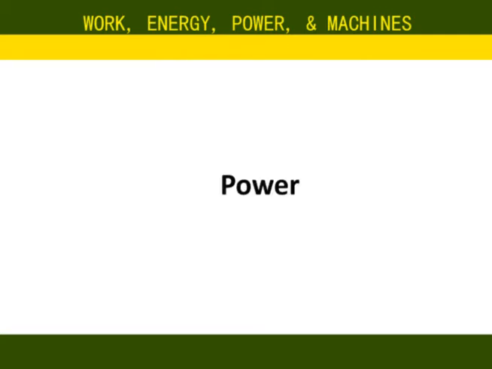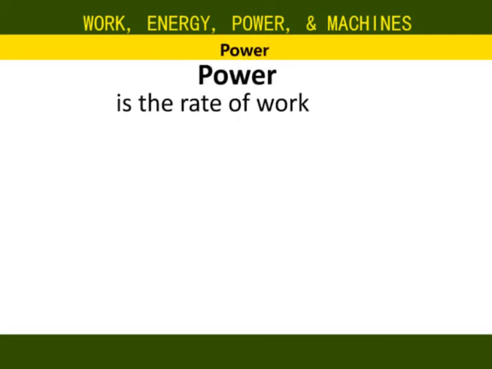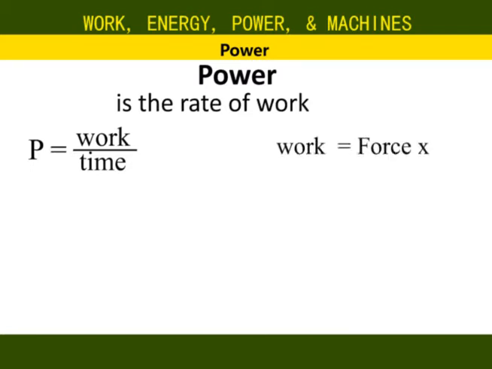Power. Power is the rate of doing work. That is, power is equal to work over time, or change in kinetic energy over time. But work is equal to force times distance. So power is equal to force times distance over time.